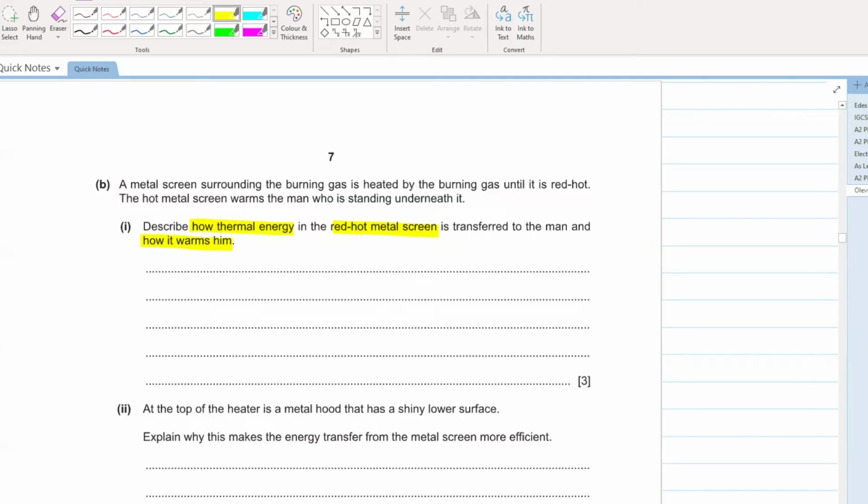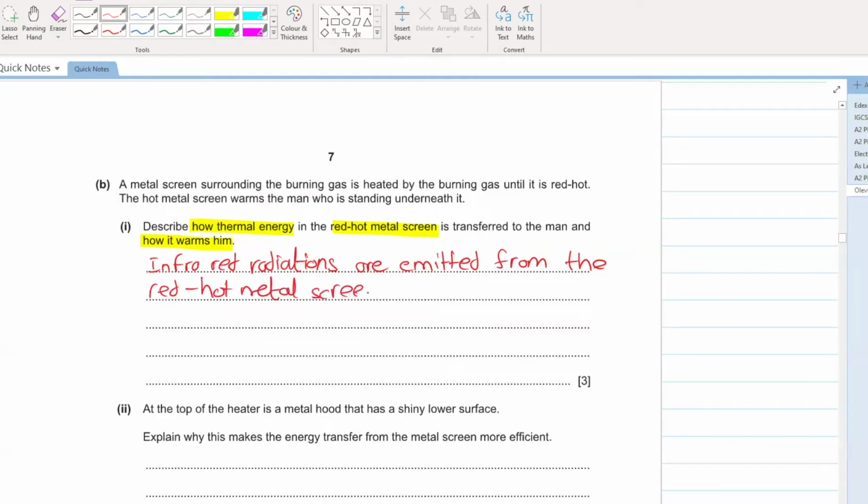The man absorbs these infrared radiations and the internal energy of the man increases. You will write it in a very beautiful manner. You will say infrared radiations are emitted from the red hot metal screen.